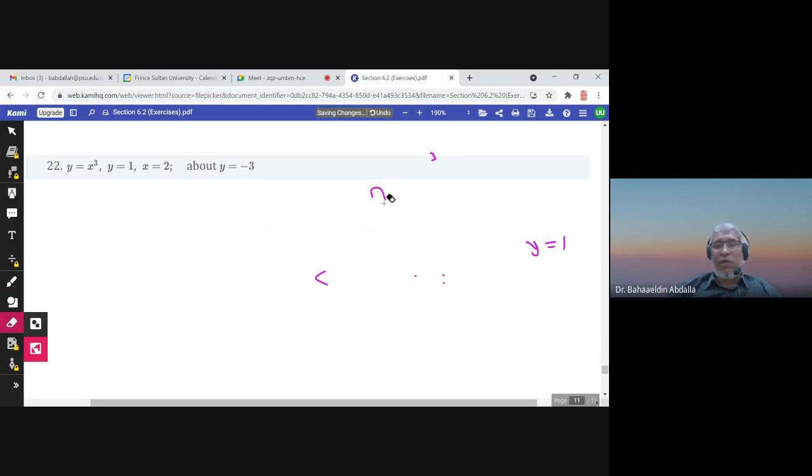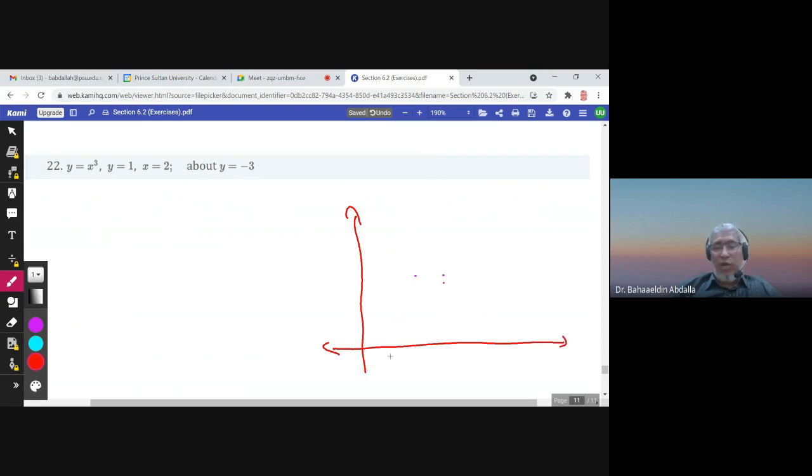It is not the one he is asking about. Maybe I need to go up. So at x equals 1, y is 1, and at x equals 2, y is 8. So this is the curve y equals x cube.